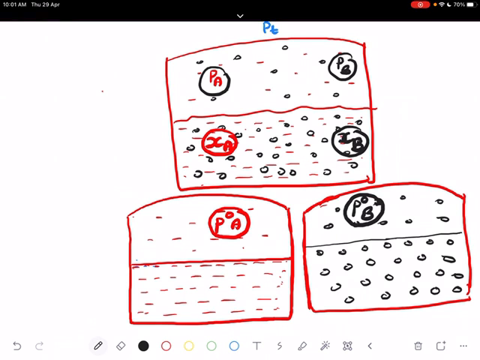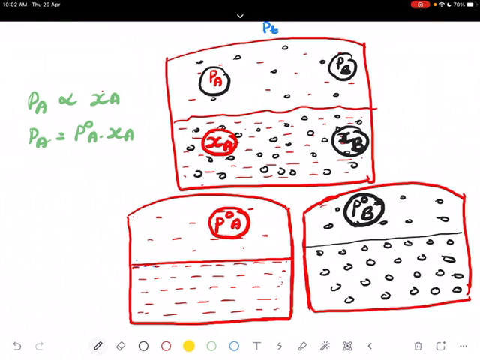So according to Raoult's law, PA is proportional to XA. So PA is equal to P naught A XA. What is P naught A? When the pure component A is present in the same vessel at equilibrium, what is the vapor pressure of the pure component A?